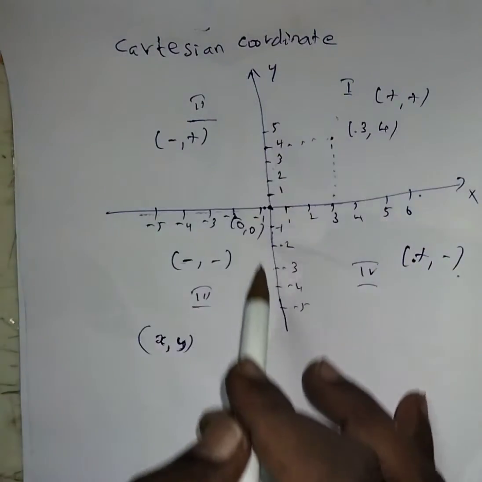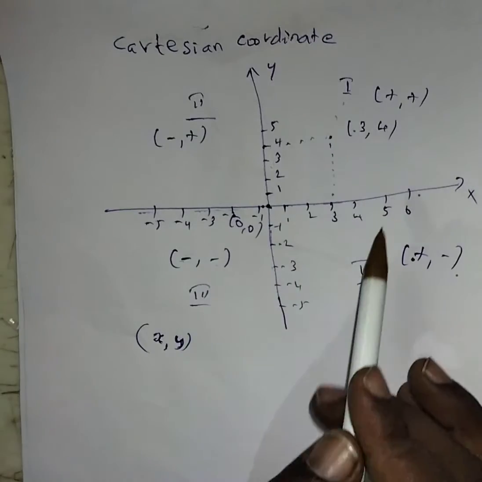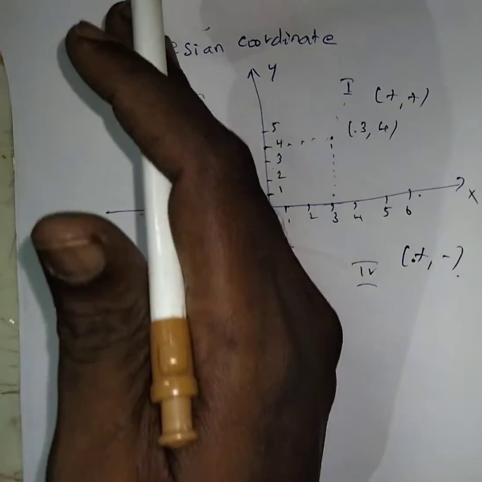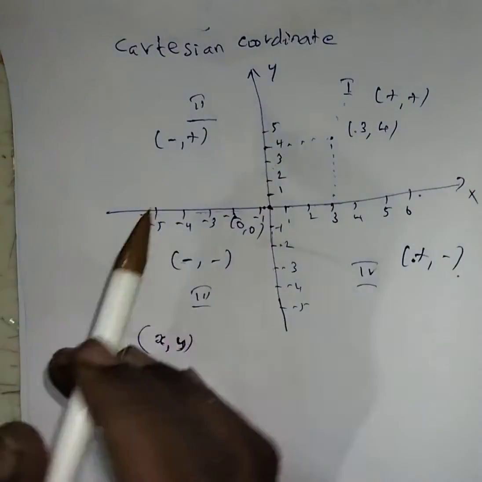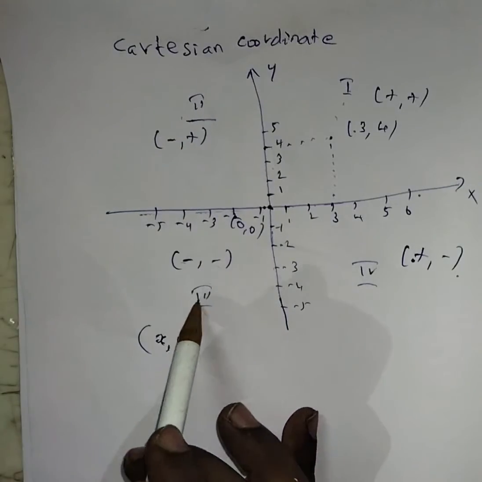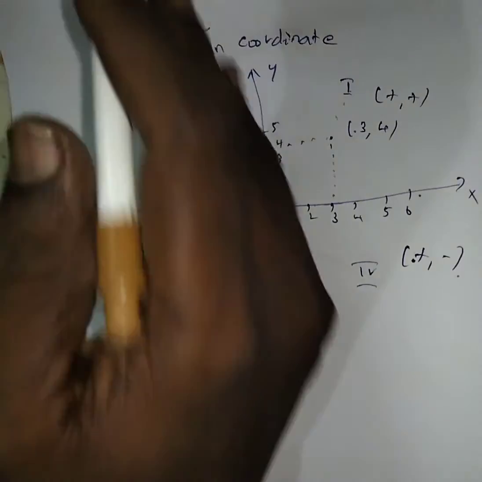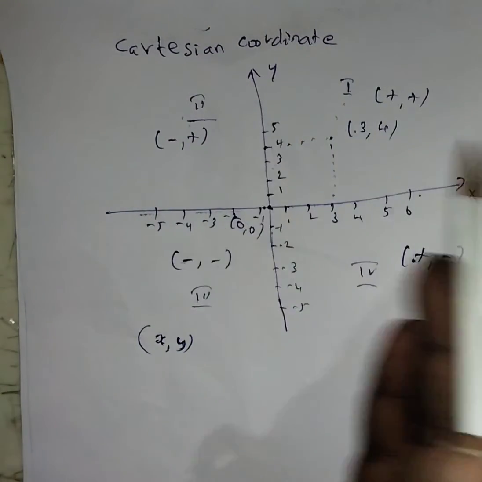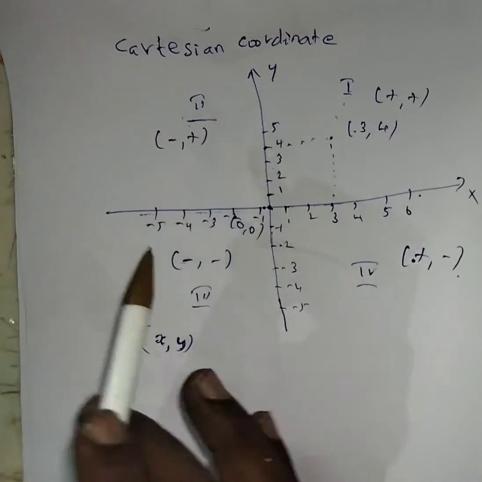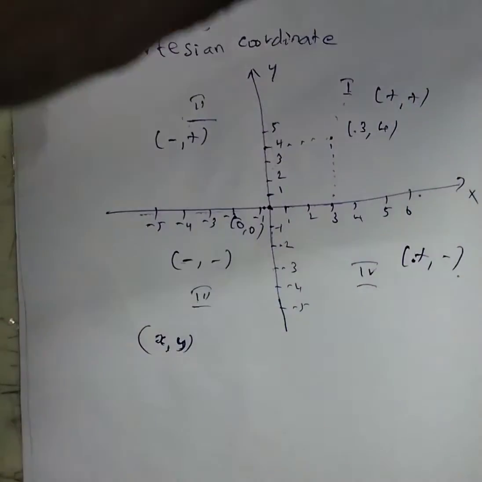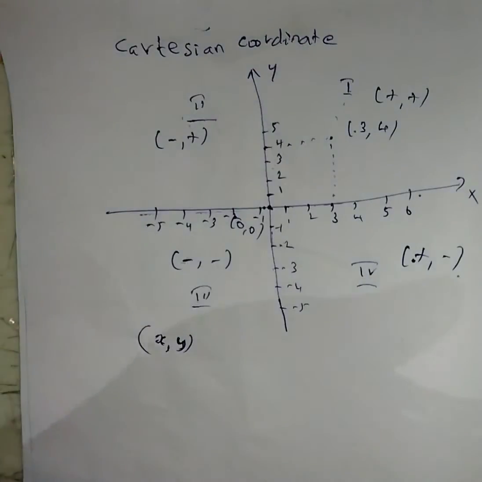When you come to the y-axis, points in the first quadrant and fourth quadrant are on the right side of the y-axis. If the point lies in the third quadrant or second quadrant, the point lies to the left of the y-axis. So this is the y-axis, left side and right side. With respect to the x-axis, this is above and this is below.